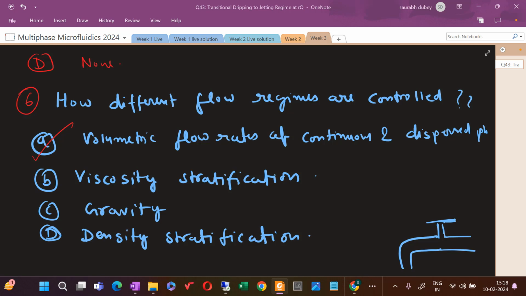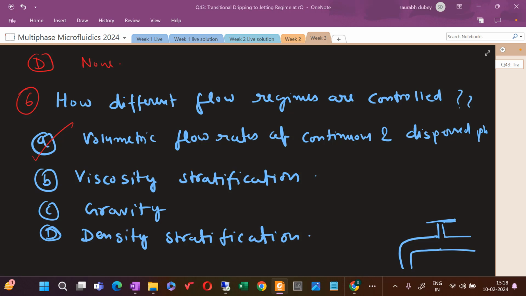So what actually happens there is that all these forces are responsible, but some forces are responsible for one kind of morphology and others for another. For example, for the squeezing regime, pressure drop induces breakup.